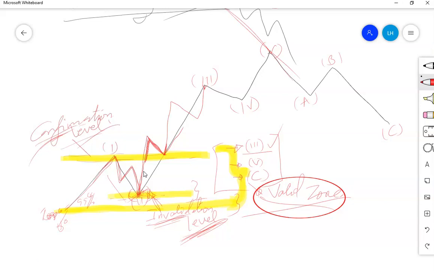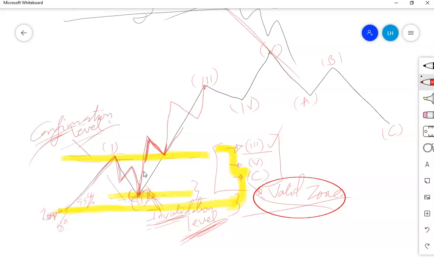Once price is playing within this zone, between validation and invalidation, and doesn't break the invalidation, that price movement is still valid for the uptrend.